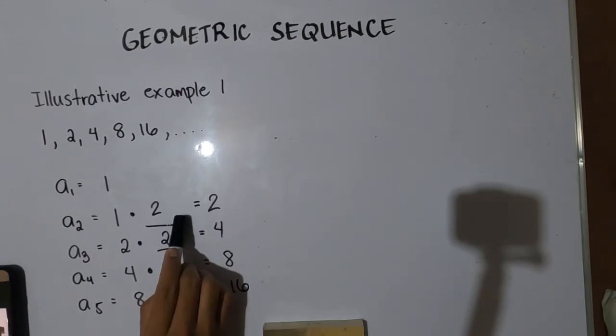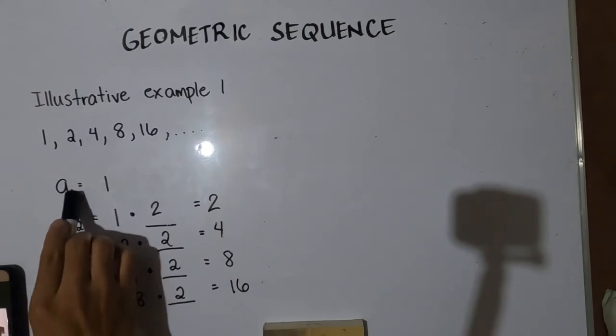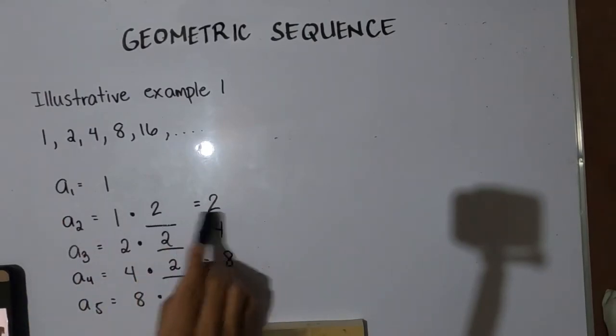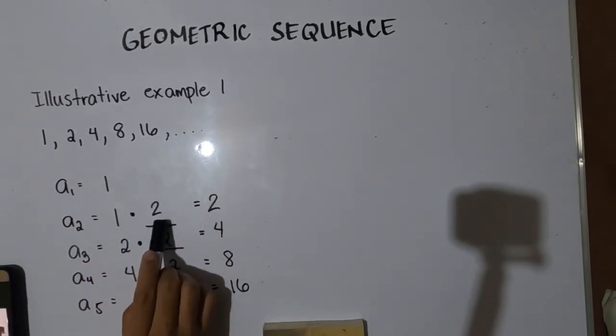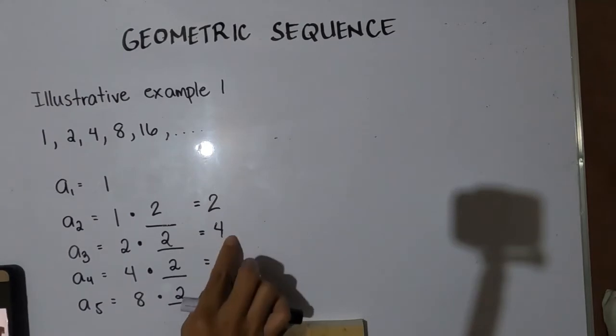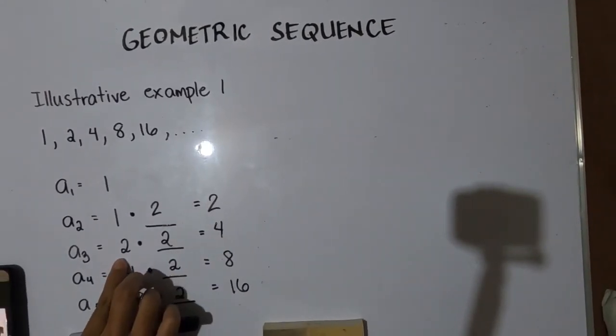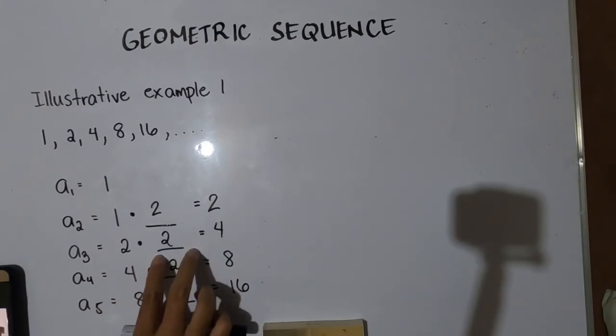It implies the ratio of the second term to the first term is 2, because 2 divided by 1 is 2. Another is, if you take the ratio of the third term 4 and its previous term 2, you will arrive at the ratio of 2.